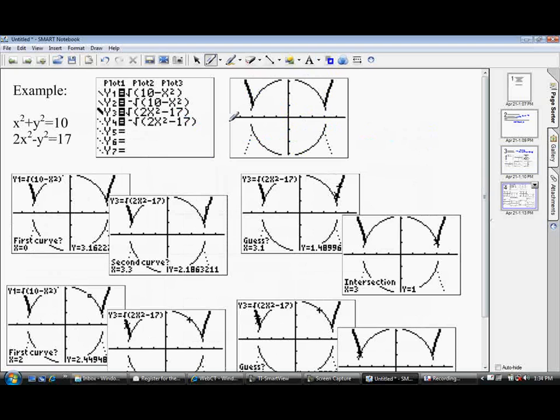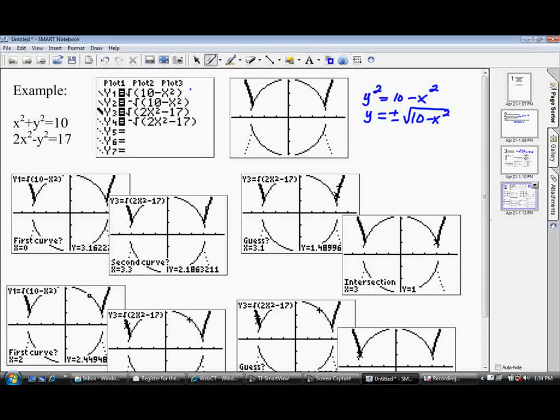Now, the biggie, you're thinking, oh my gosh, what is this? The biggie is whenever you have nonlinear systems. So if I have x squared plus y squared is equal to 10, and I solve that for y, I would have y squared is equal to 10 minus x squared. So y is equal to plus or minus the square root of 10 minus x squared.